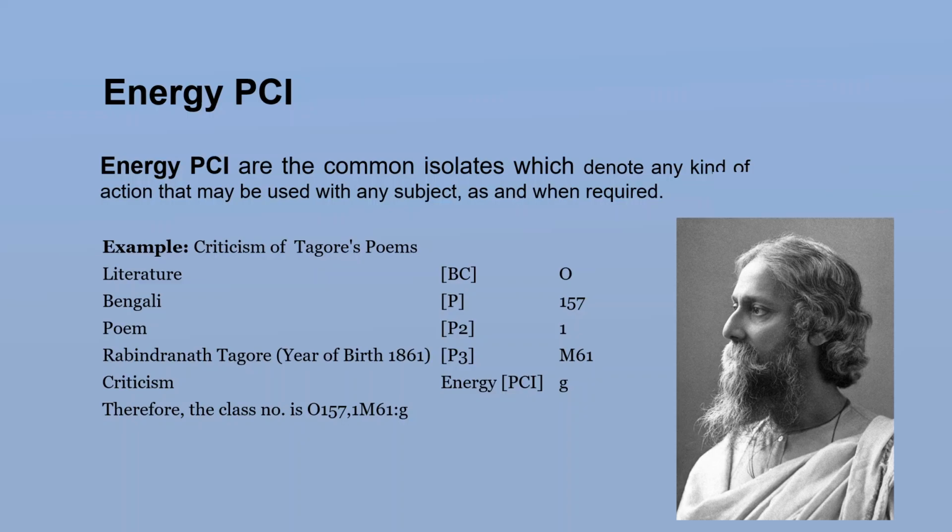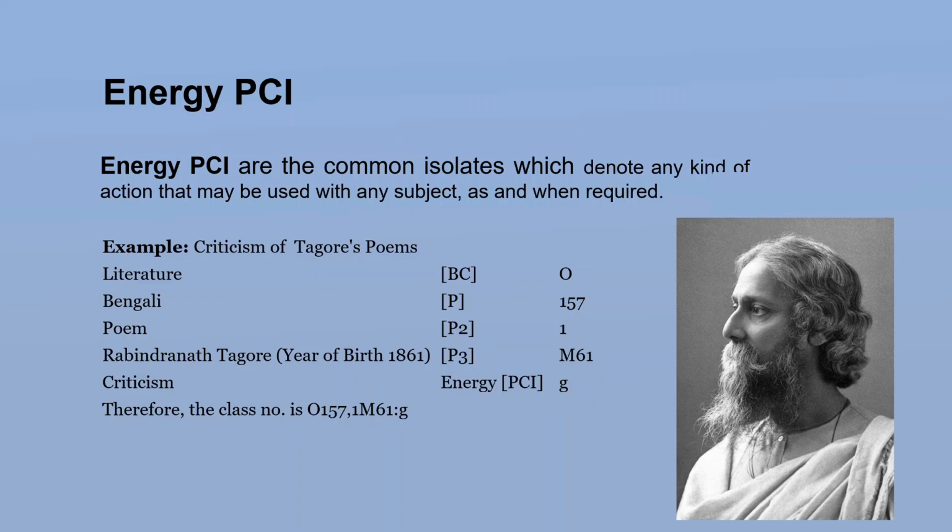Then for Rabindranath Tagore in the third level of personality facet we get the notation capital M61, as Rabindranath Tagore was born in 1861. So, using chronological device in the third level of personality facet we get notation capital M61.